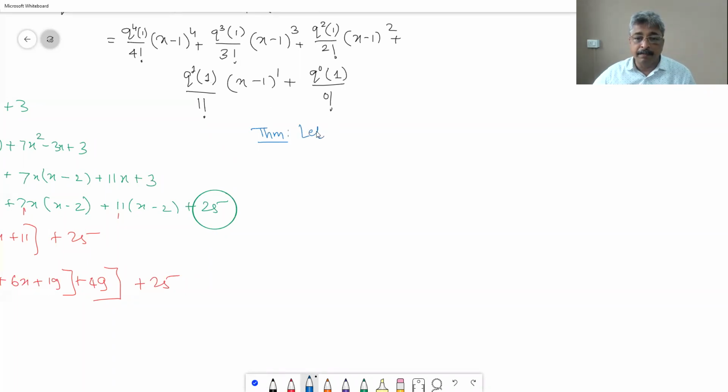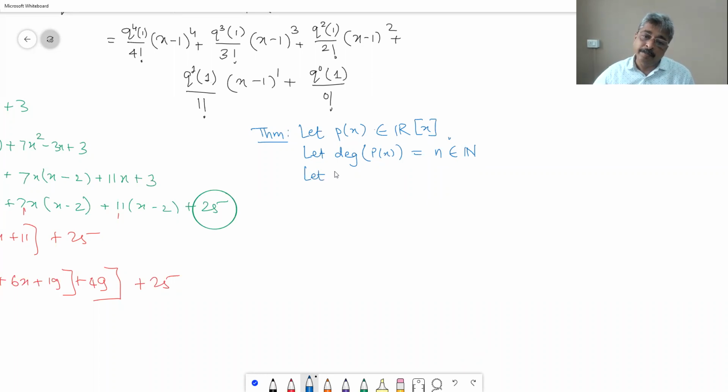Statement of this theorem. Let P of x belong to R of x. Let degree of P of x be equal to n belonging to natural numbers.